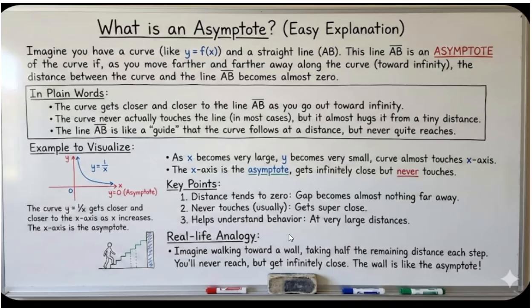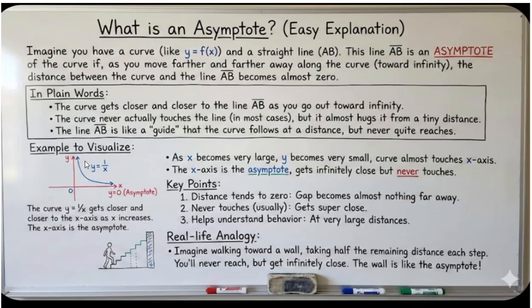The x-axis is an asymptote because one of the coordinates of a point, it may be x or y, tends to infinity, and here, as x tends to infinity, y tends to a particular constant value, which is 0.